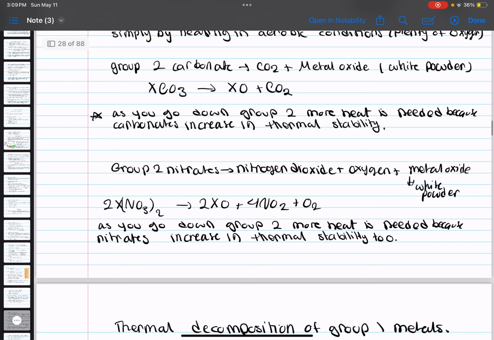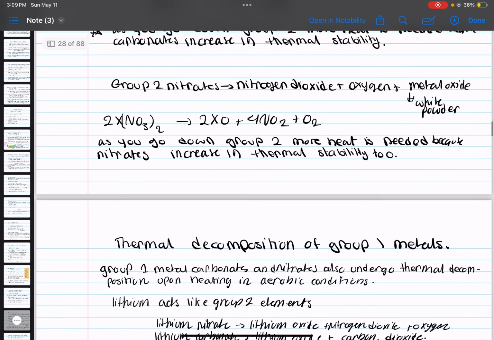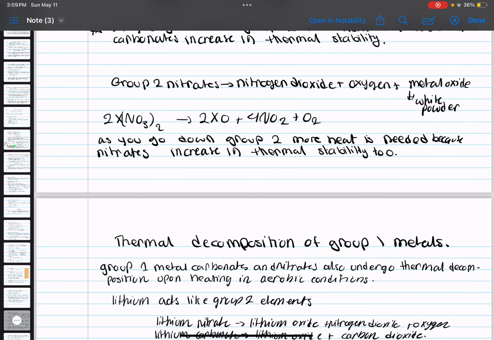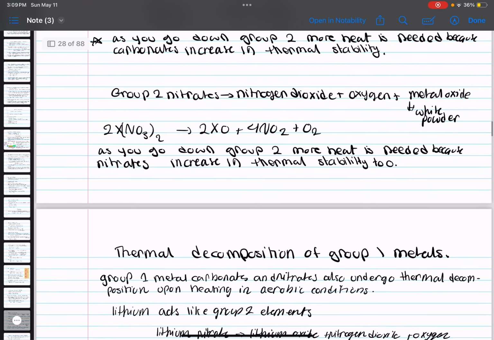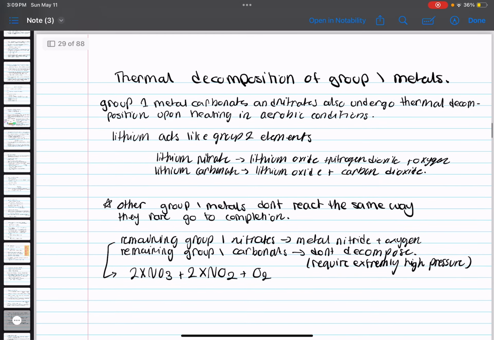As you go down group 2, more heat is needed because carbonates increase in thermal stability. Group 2 nitrates make nitrogen dioxide, oxygen, and metal oxide, which again is a white powder. As you go down group 2, more heat is needed because nitrates increase in thermal stability too. So carbonates and nitrates for group 2 are kind of similar.